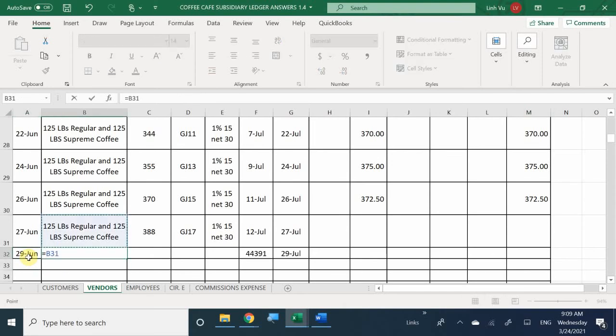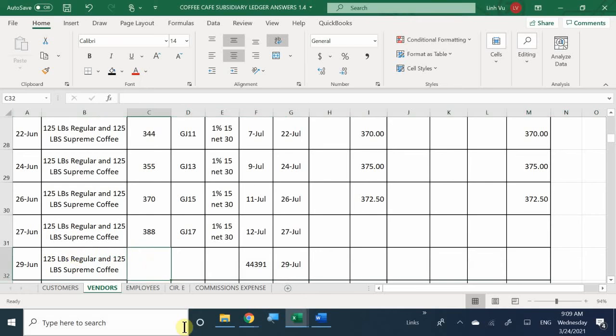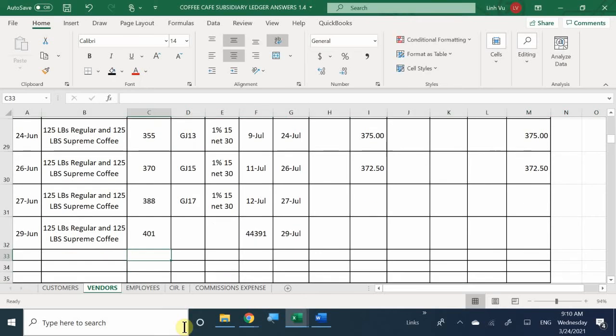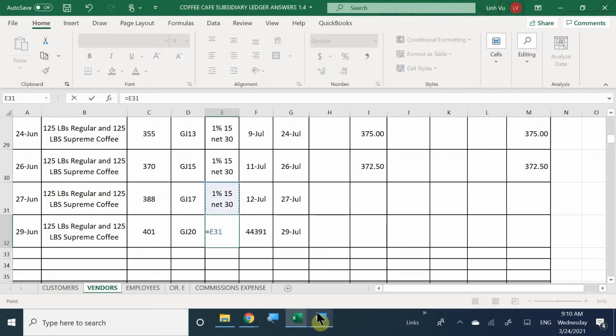right? We ordered 125 pounds of regular coffee and 125 pounds of Supreme coffee. Invoice number 401. General Journal 20. What were my terms? 1% 15, net 30.